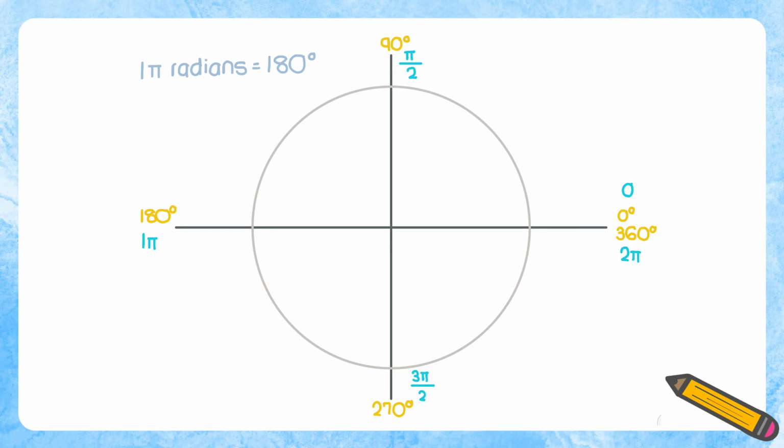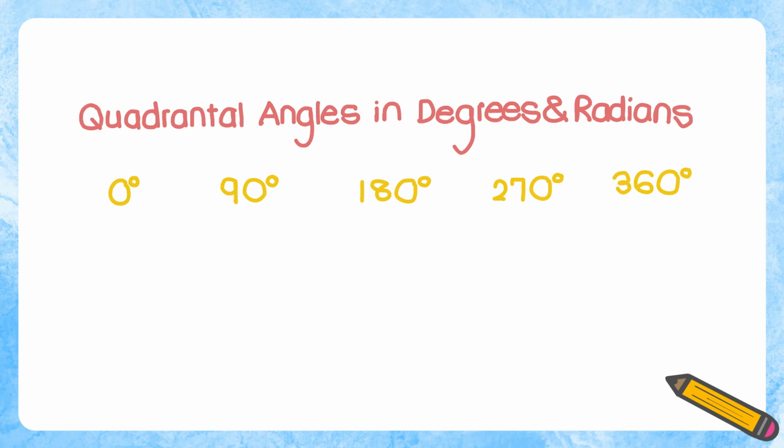So we have our quadrantal angles written in degrees here, going from 0 degrees all the way to 360 degrees. And let's convert these into radians. So this is just summarizing what we just worked on with the unit circle. Here are the same quadrantal angles written in radian form.